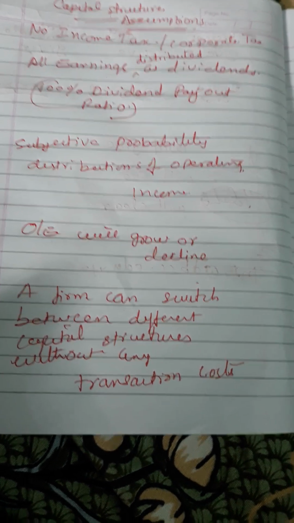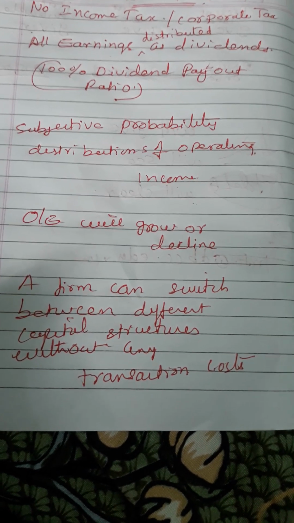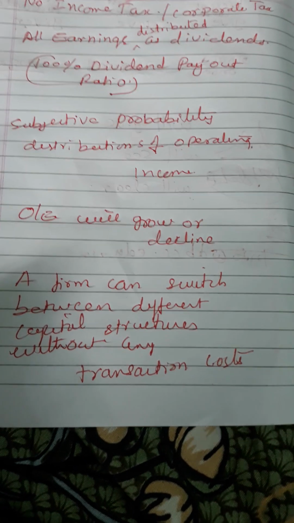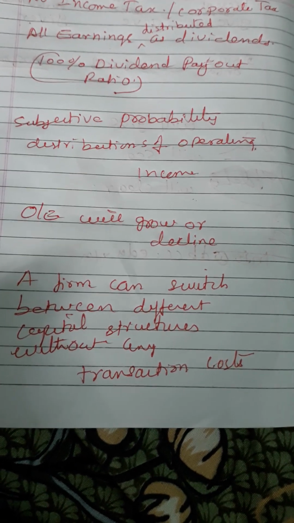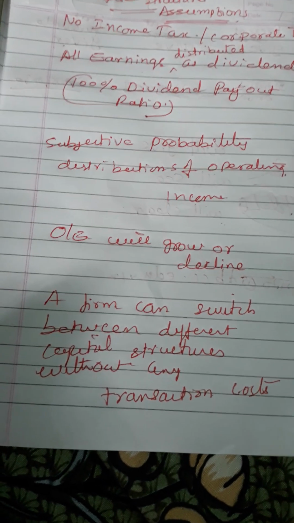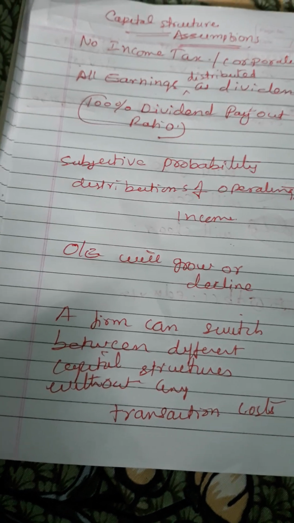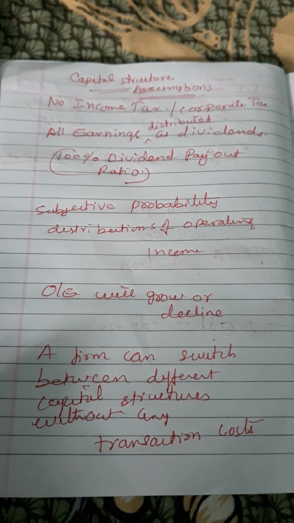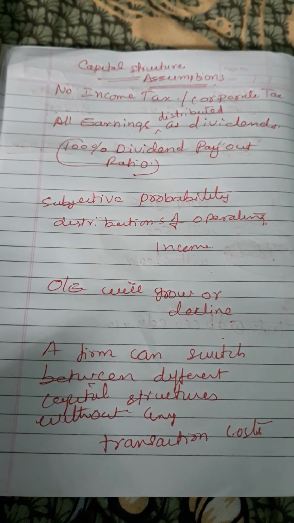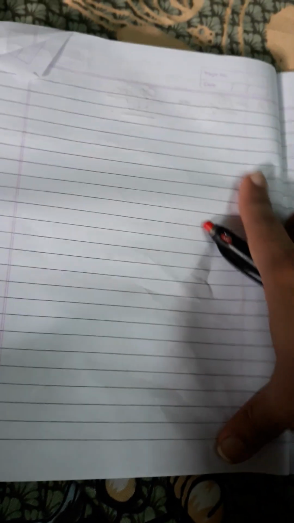Operating income may grow or decline; there is a chance for operating income to go up or go down. And also, if a firm wants to change to a different ratio of debt to equity, there are no additional transaction costs. So this is the base. These are the basic assumptions of capital structure under the net income method.